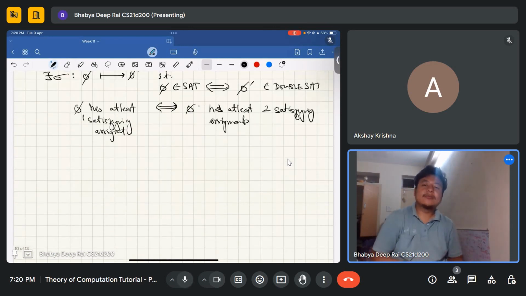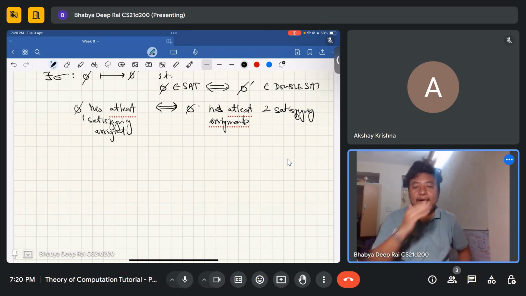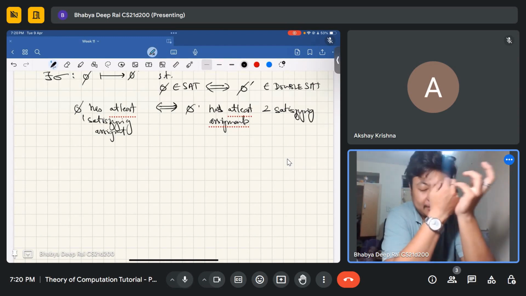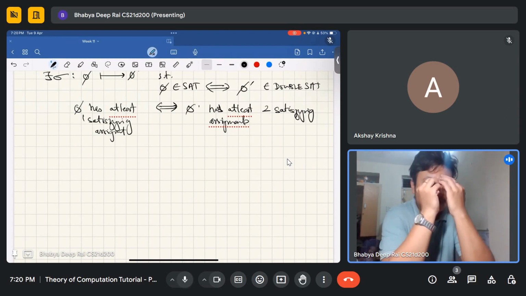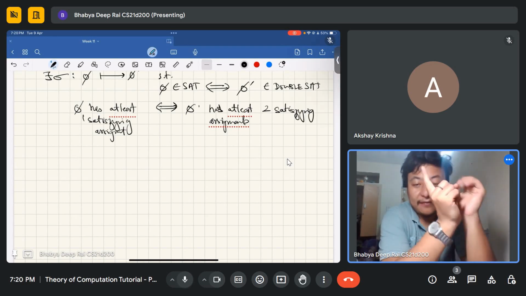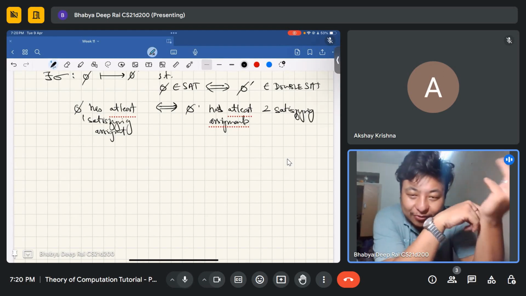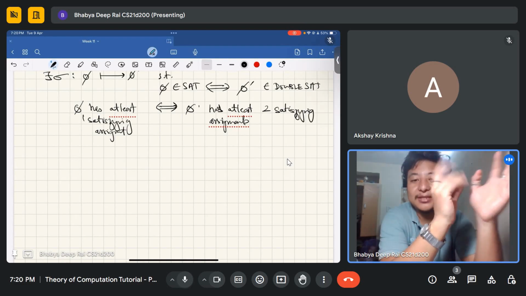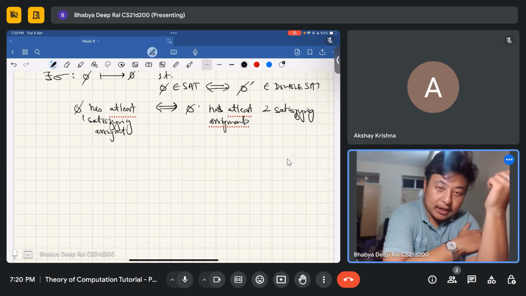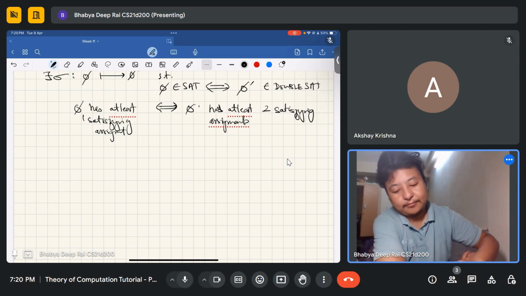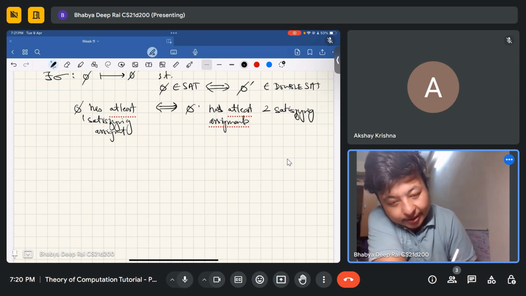So what do I want to do? Given a satisfiable formula, I want to convert it into another formula that has at least two satisfying assignments. Let's focus on the case when there is exactly one satisfying assignment for phi. Then phi prime should have at least two satisfying assignments. But if phi has no satisfying assignments, then phi prime should have less than two satisfying assignments.